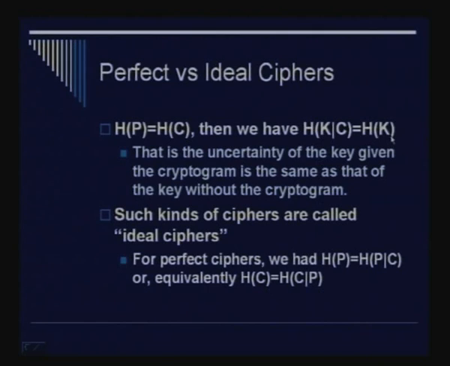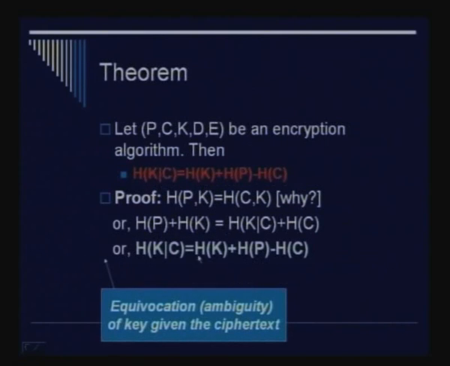When that happens, what does it mean? It means that if you cancel H(K|C) and H(K), then you have H(P) minus H(C) equal to 0. So the entropies H(P) and H(C) should both be equal, right? That is, the ciphertext will have the same entropy as the plain text. So now consider a simple shift cipher.